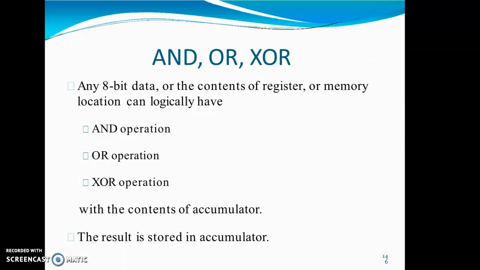Now next are the logical operations AND, OR, XOR. These are performed with the help of the accumulator only; without the accumulator they can't be performed. Suppose one data is 8-bit data in the accumulator and another data is in any register pair.